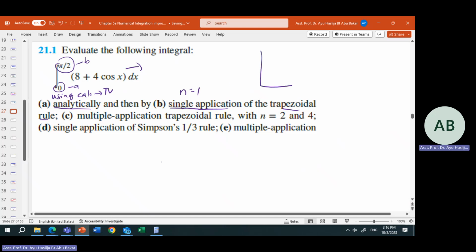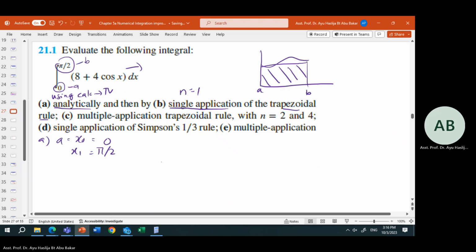As an illustration for you to understand, a, b, we only have one segment, trapezoidal rule. a is your x0, which is 0, and x1 is pi over 2.